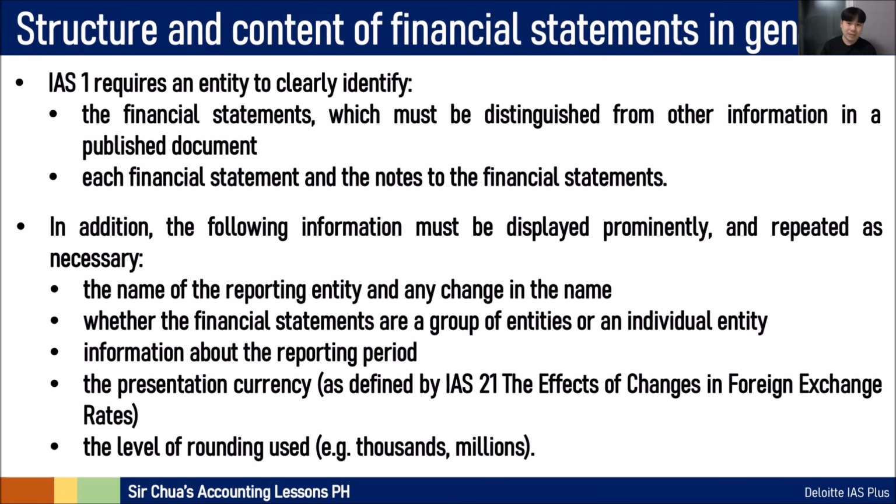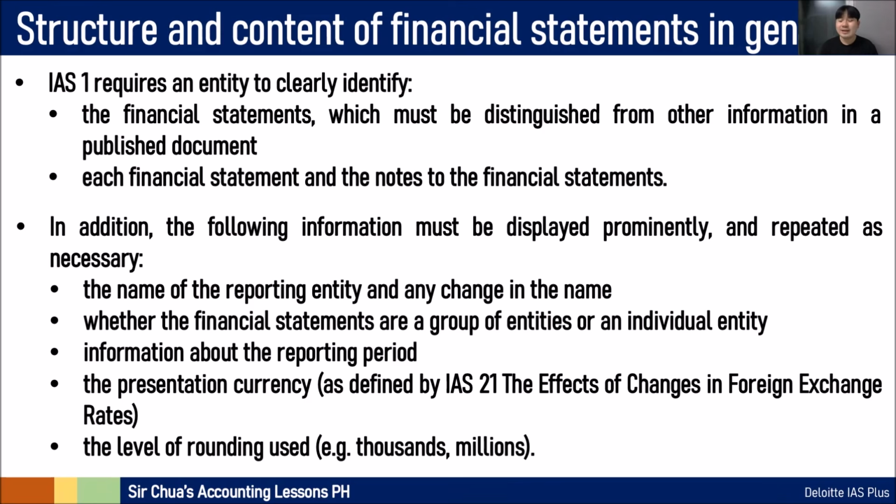And more so today, with the concepts of sustainability, we actually present our financial statements together with the annual and sustainability report. So, the financial statements should be distinguished from other information that the entity publishes. Each financial statement and the notes to the financial statements should also be clearly identified. Ano yung statement of financial position, ano yung statement of cash flows, ano yung notes dito.